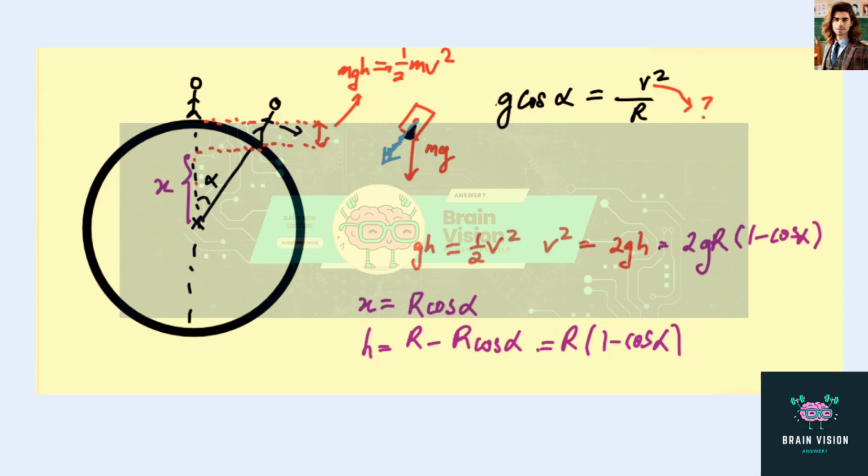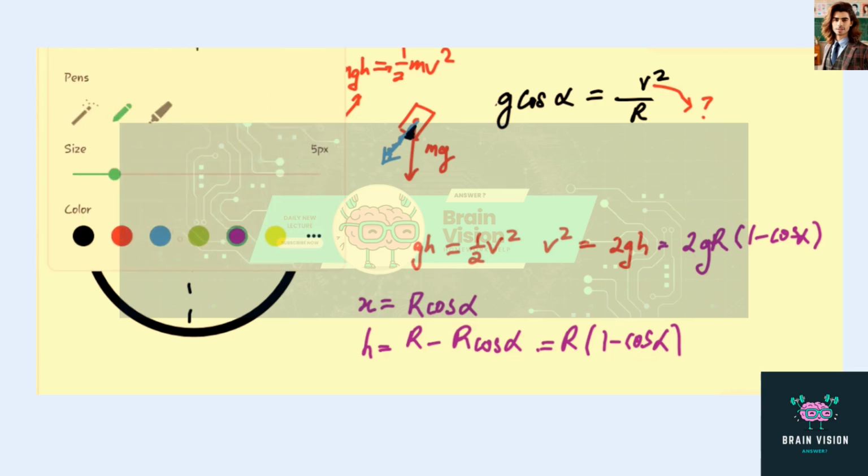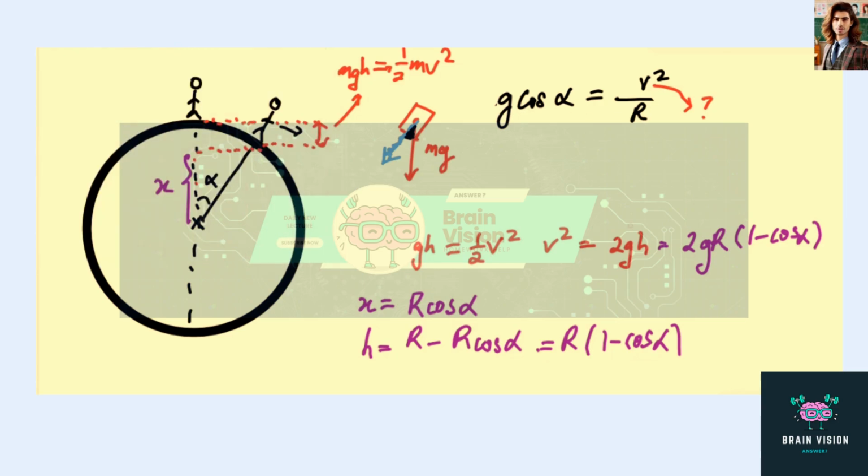Now we can solve for alpha. We bring this expression for v squared into our previous expression. We should get g cosine alpha equals 2g times 1 minus cosine alpha. We rearrange a bit, so from here we get negative 2g cosine alpha.